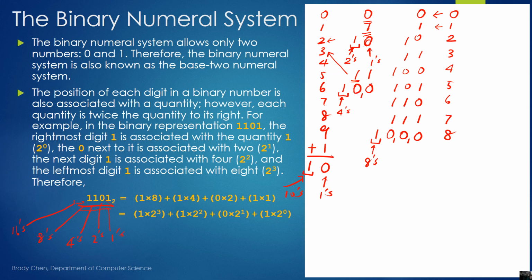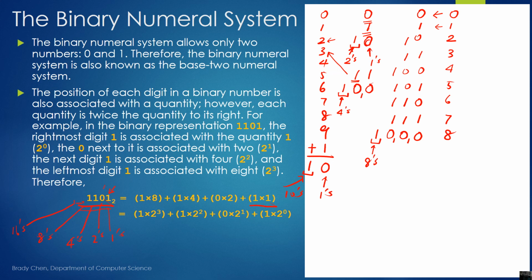So we can also write the binary number in expanded form. So that means we can separate the numbers in each position. Okay. So for this number 1 in 1's position, we can write it as 1 times 1.